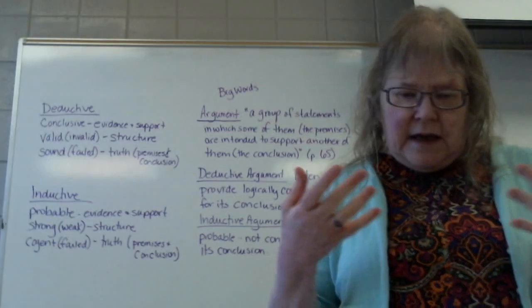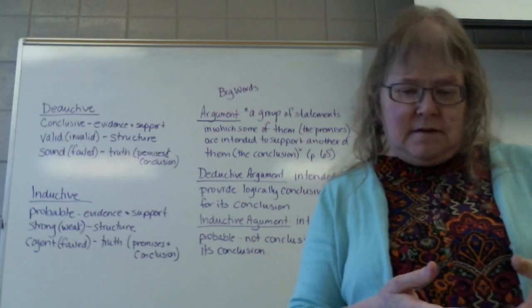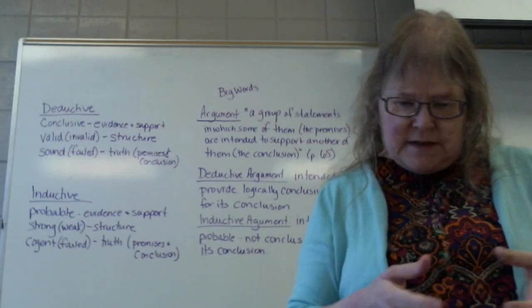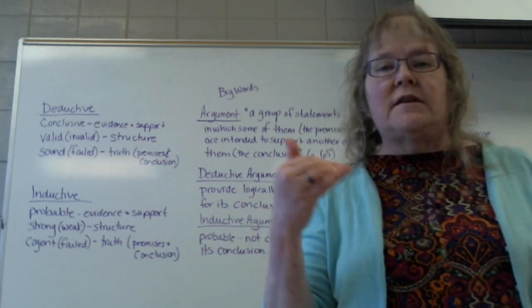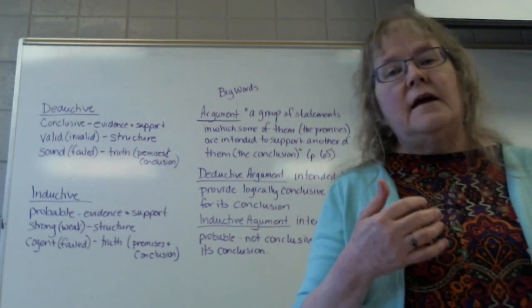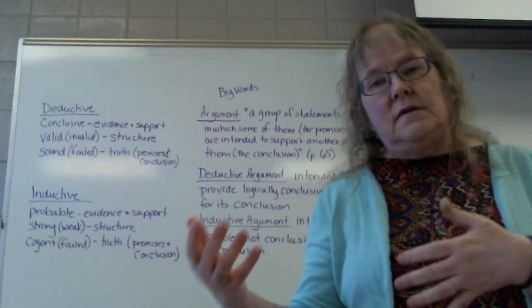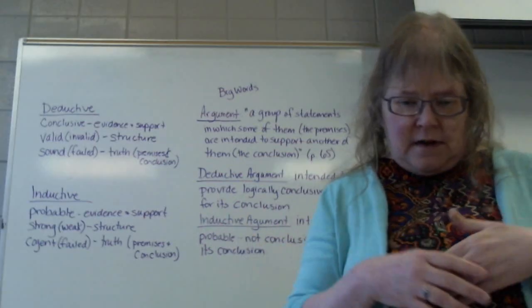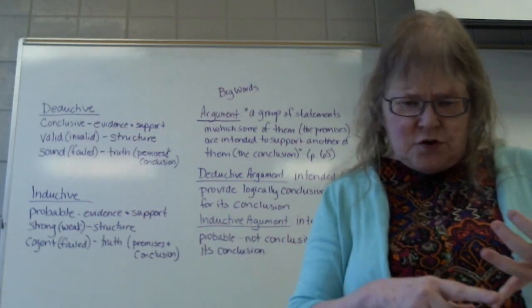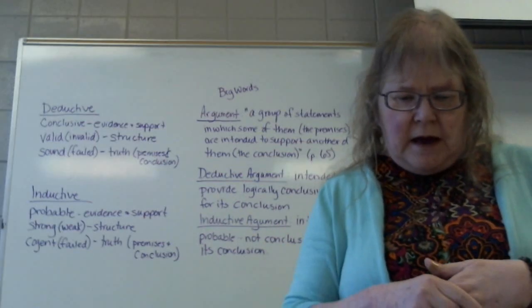Okay, so if that's the impression, yes, it's inductive, it's also strong, so check to see if it's cogent. Are the premises true? Is the conclusion true? Yay, then you have a strong, cogent, inductive argument.